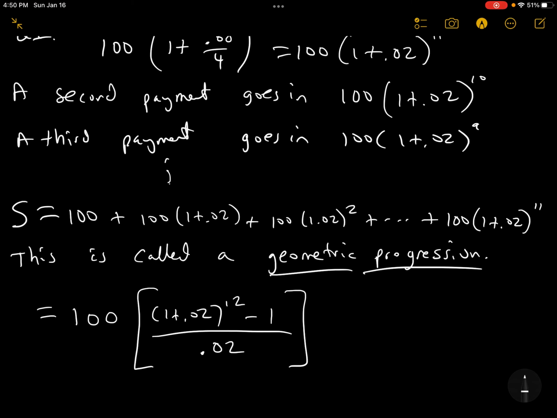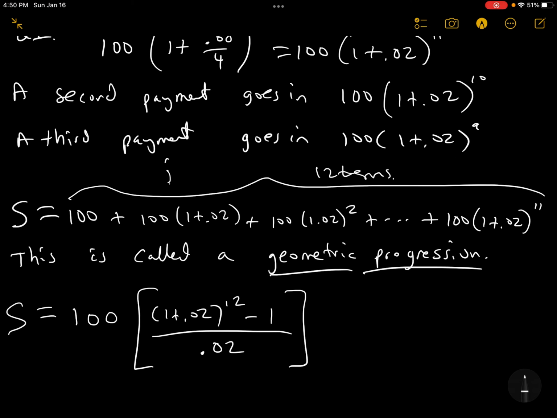It actually comes from that. So when you have this geometric progression of, I think there's 12 terms here, right? So 3 years of 4 quarters, and you wind up with this as your accumulated amount. And if you plug this into a calculator, you get $1,341.20.